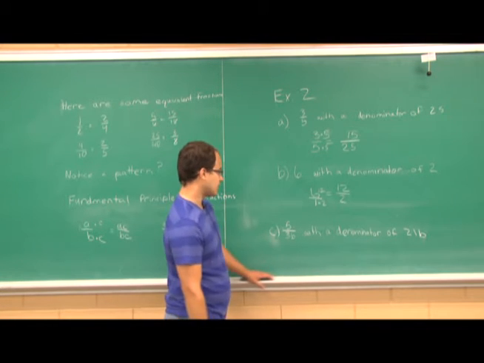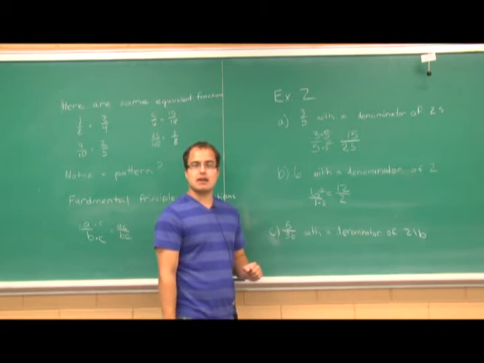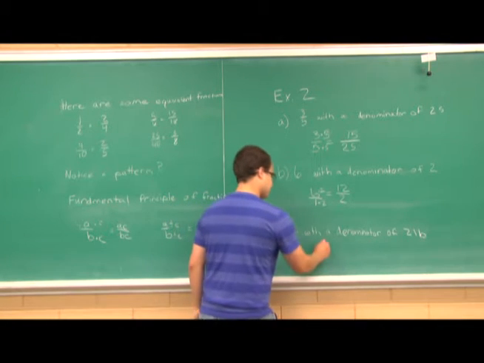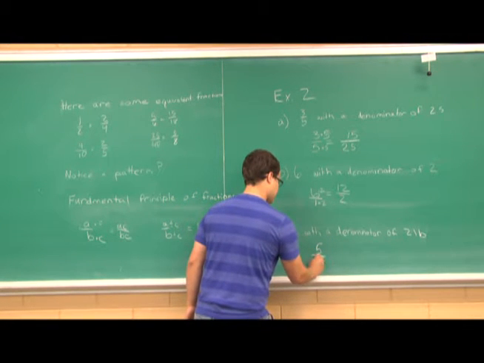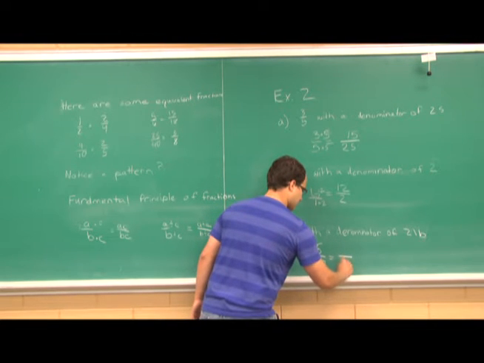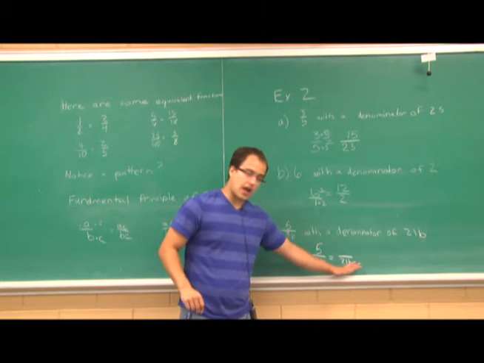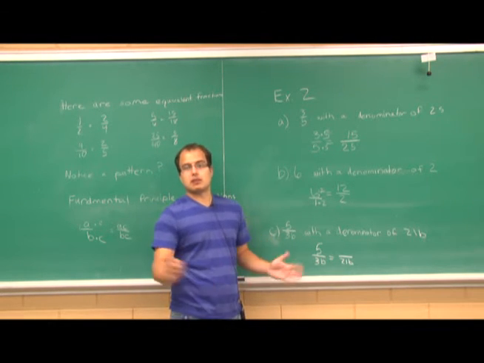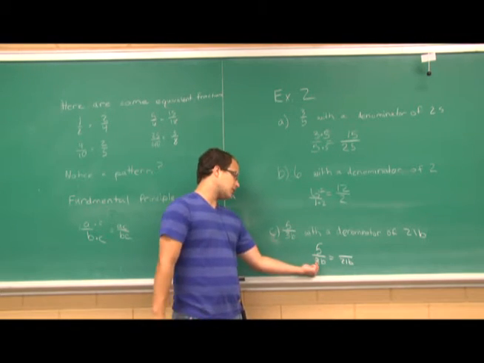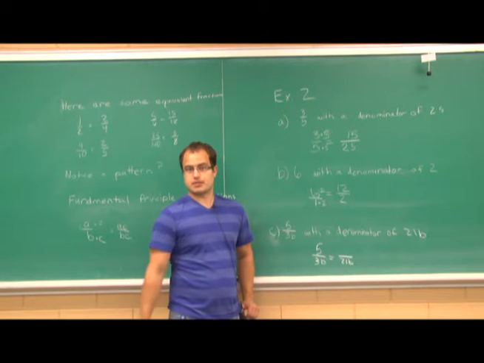Now to throw some variables in there. 5 over 3b with a denominator of 21b. I notice that both denominators have a b, so I know I don't have to multiply anything there. So basically all you're comparing is the 3 to the 21. What's the relationship there?